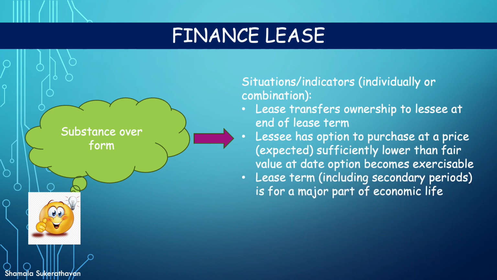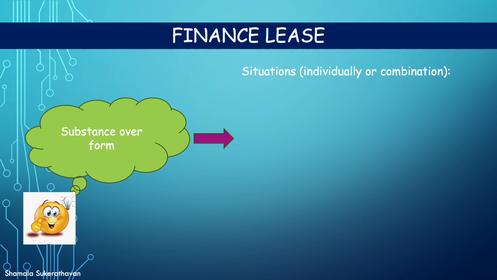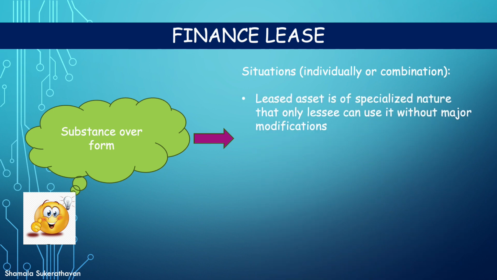3. The lease term, including secondary periods if any, is for a major part of the economic life of the leased asset. 4. At inception date, the present value of lease payments amounts to substantially all of the fair value of the leased asset. 5. The leased asset is of a specialized nature that only the lessee can use it without making major modifications. 6.